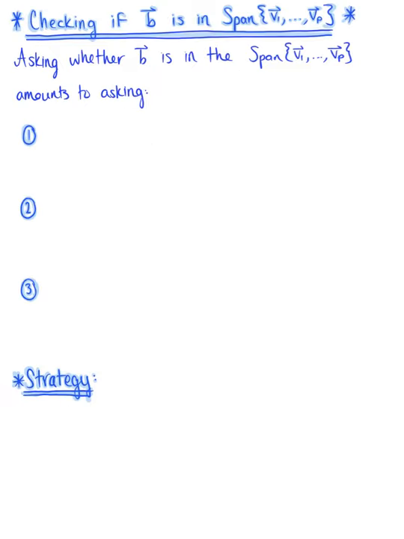So keeping this definition in mind, asking whether a vector, say vector b, is in the span of a set of vectors amounts to asking one of 3 possible equivalent things. So the first one is, does the vector equation have a solution?